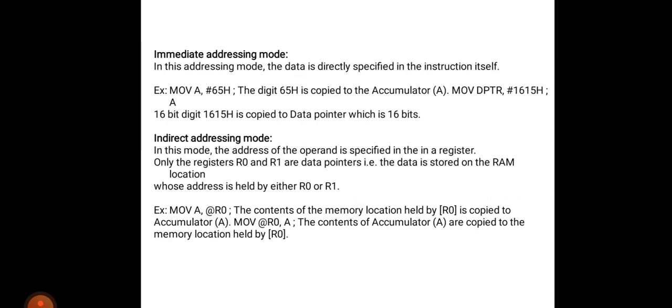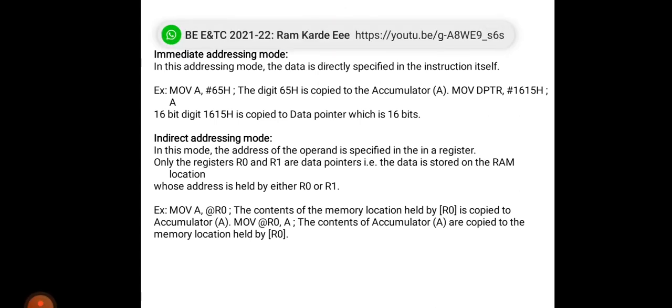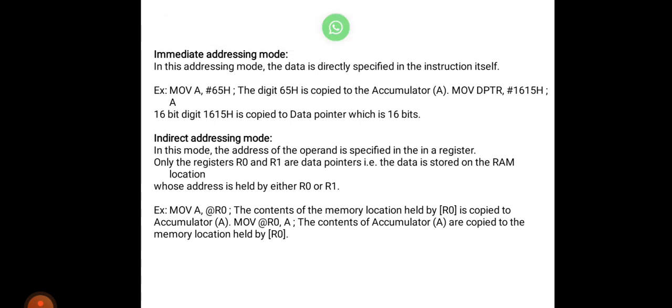The next one is immediate addressing mode. In this addressing mode, the data is directly specified in the instruction itself. The source is the immediate data and the destination of this instruction could be any register. That means the hash symbol specifies that the operand is an immediate data on which operations are to be performed, and the result will be stored in the destination register.